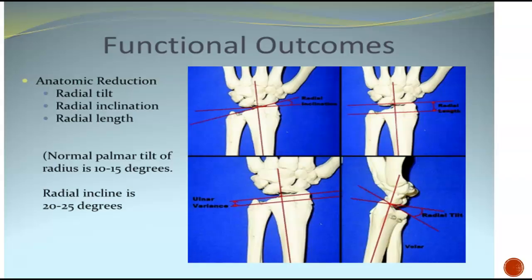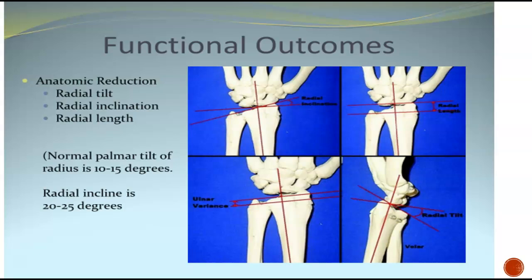So let's put these views to use. When the radius sustains a fracture and the individual undergoes a reduction in immobilization or even an internal fixation with mobilization, it is imperative that the anatomical features of the radius and wrist remain within normal limits or accepted values established through evidence.